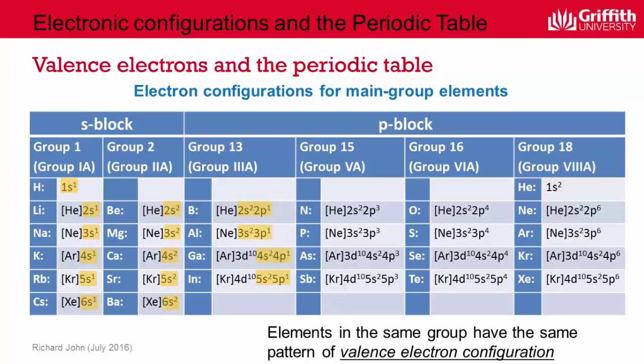If we pop over to the p block, the elements in group 13 have 2 s electrons and a single p electron available for bonding. If we go to group 15, we see that there are 2 s electrons and 3 p electrons available for bonding. In group 16, we have 2 s electrons and 4 p electrons available for bonding, a total of 6 there.